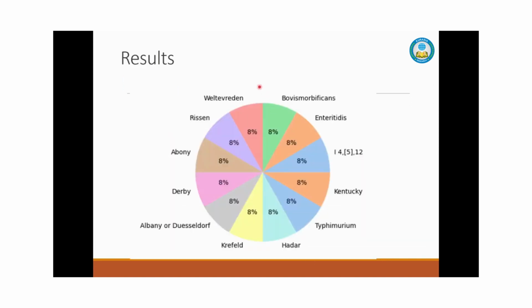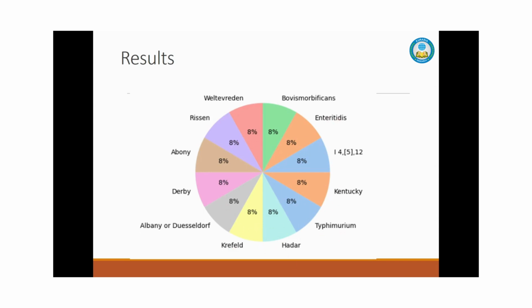So this is the pie chart of all the serotypes that the tool detects. It shows relative abundance, for example Enteritidis, Kentucky, Typhimurium, or Cerro, each 8%.